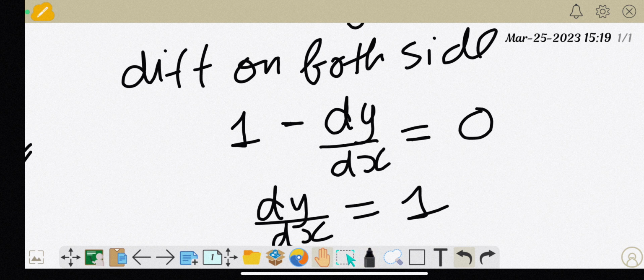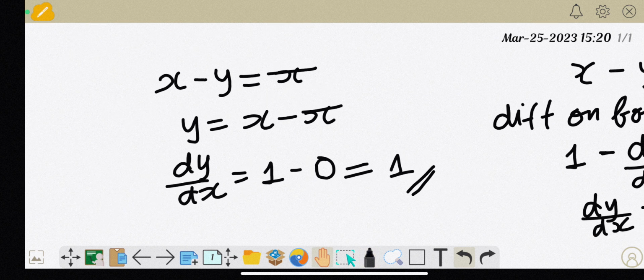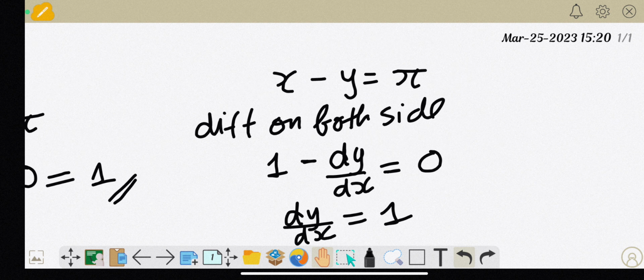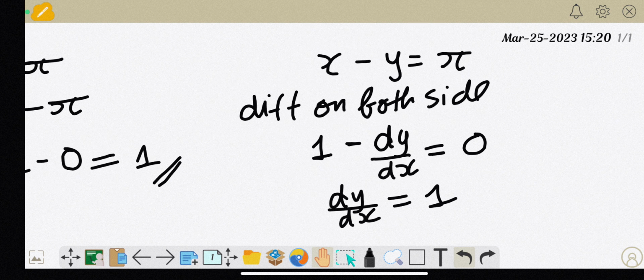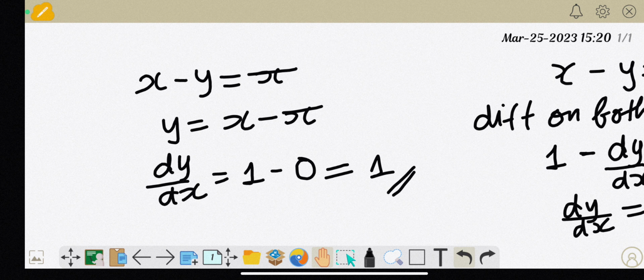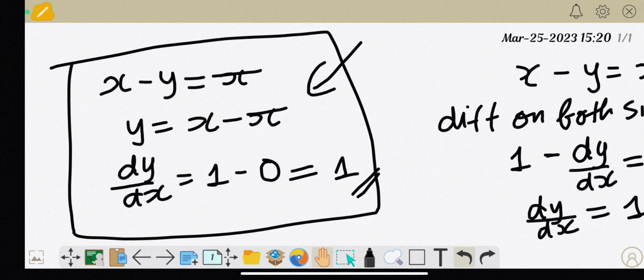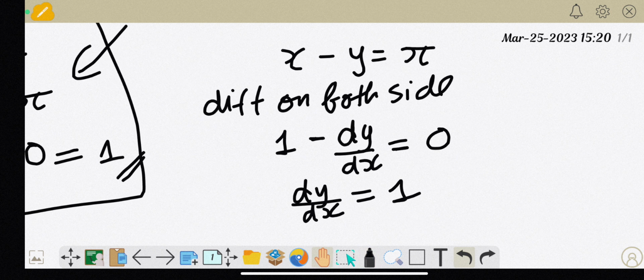So see, here you could rearrange it and find the derivative, or else you could just find the derivative on both sides. This is easier for some cases, but every time if you try to do it like this, sometimes you cannot separate it. That's why we are going to follow this method, differentiating on both sides.